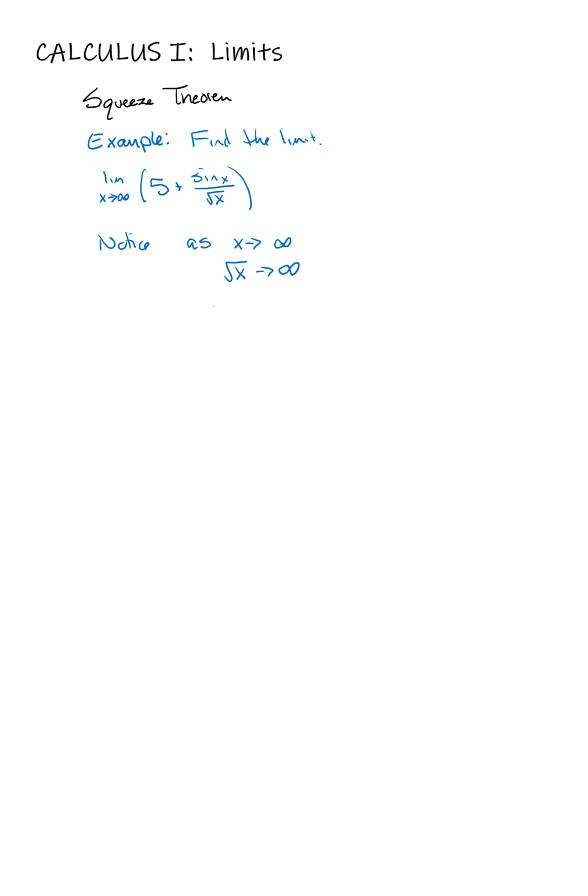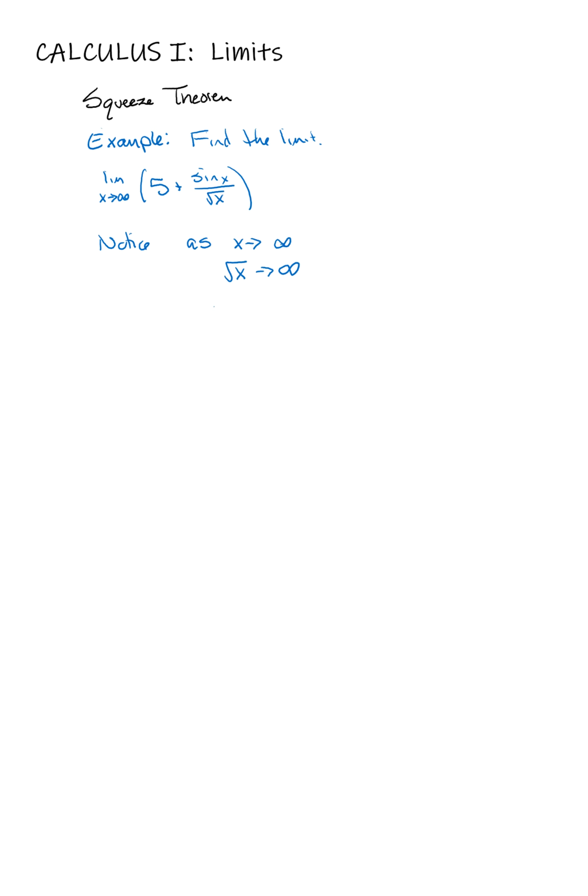It doesn't go to infinity quite as quickly as x, but it's still going to infinity. Another thing to note is that as x is getting large, the square root of x does remain positive. That's going to be important to us here in a bit. It is going to stay as a positive value.